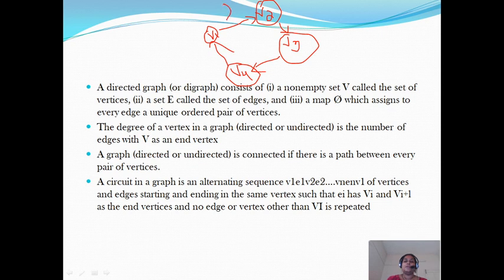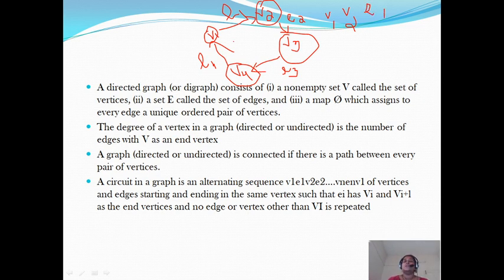Here edge E1, here edge E2, here edge E3, here edge E4. Compare it with your previous diagram, where V1 to V2 has edge E1 and V2 to V1 also has edge E1. But look here, with the direction from V1 to V2 we have only edge E1. That is the main thing.